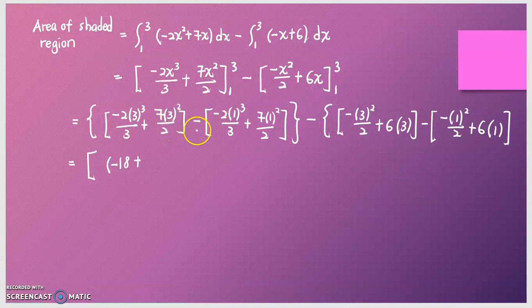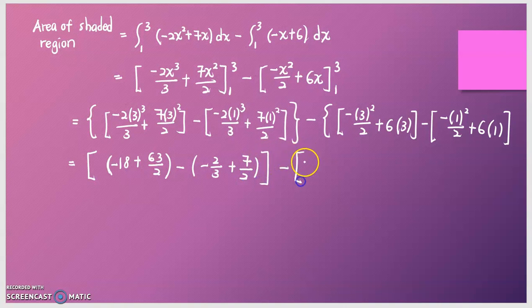So here is 63 over 2. This is the first part. So negative 18. Minus here 1 cubed. So this is negative 2 over 3 plus 7 over 2. This is the first part.